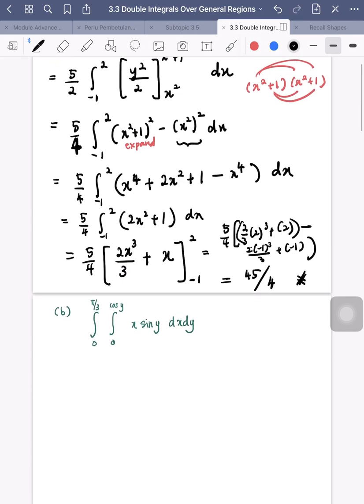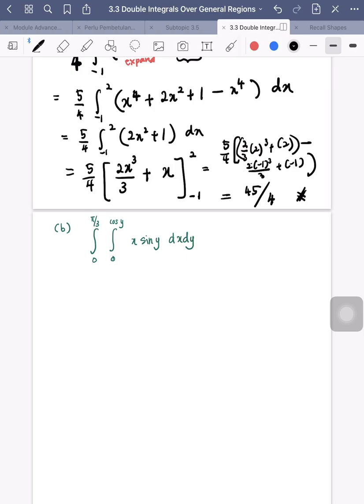The second exercise is quite challenging, so I'm going to describe it one by one. The first step, as you know, is to solve the inside first and then the outside. Outside, you copy first: 0 until pi over 3, dy.